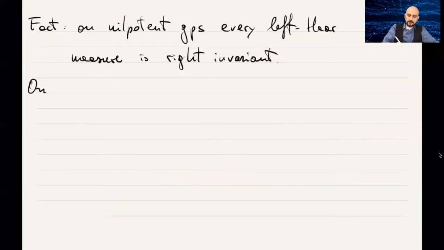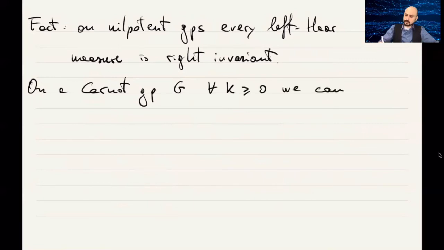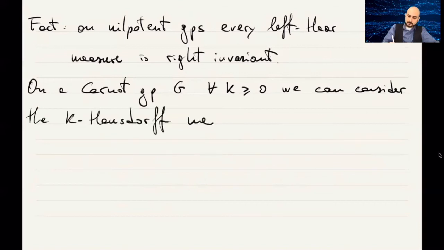Moreover, if G is a Carnot group, we might consider other measures. In particular, it comes with the Carnot-Carathéodory distance, so one can consider measures coming from the choice of the distance. And moreover, for every k, one can consider the k-dimensional Hausdorff measure. Let's call it H^k.